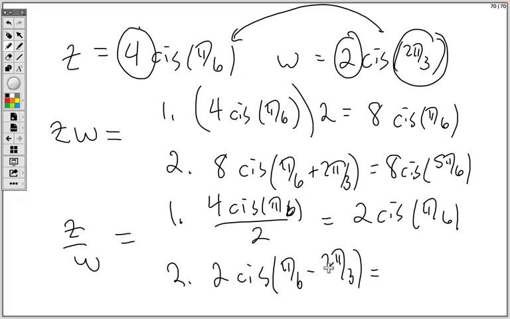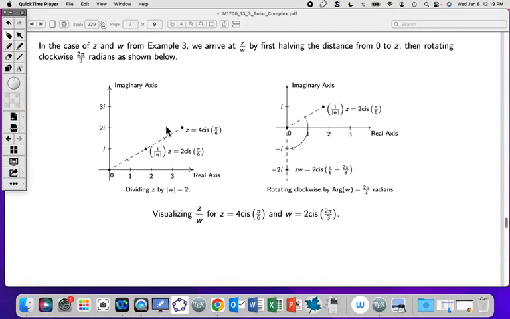That subtraction I can think of as a rotation clockwise. So when you divide by 2, you're shrinking it, so now it's twice as close to the origin. And then subtracting rotates things clockwise by 2 pi over 3.